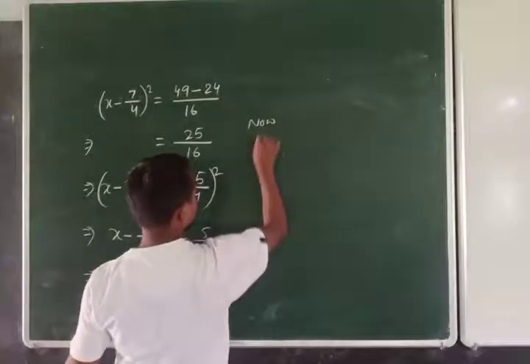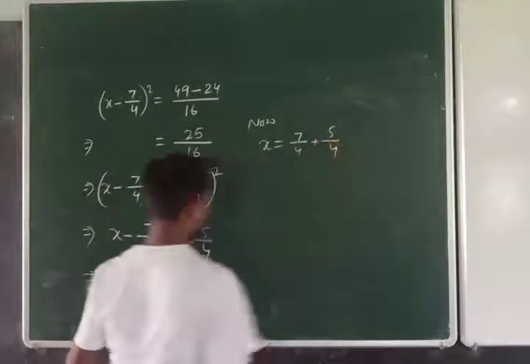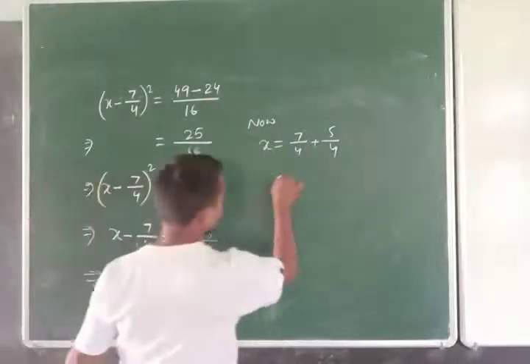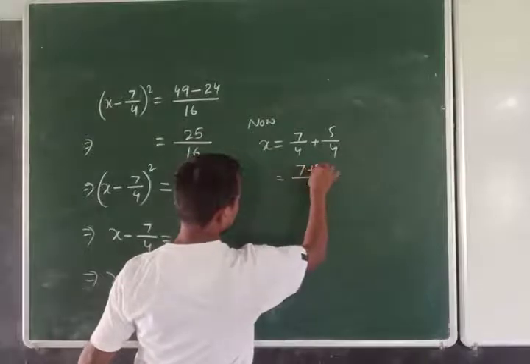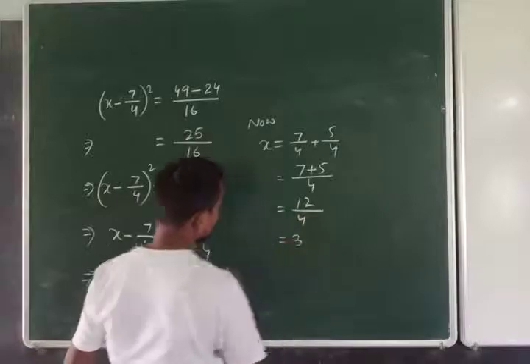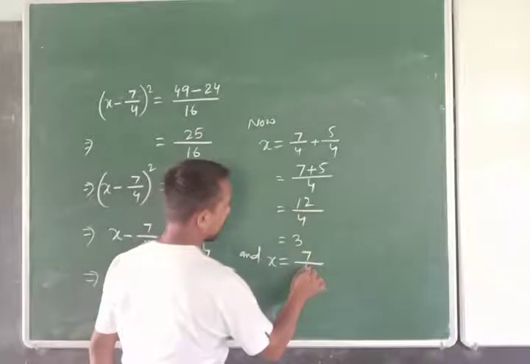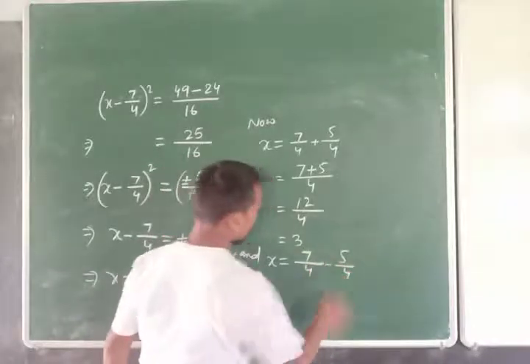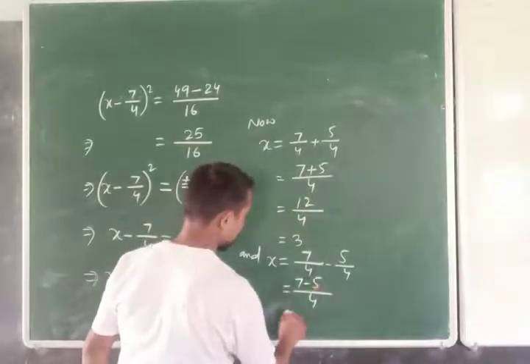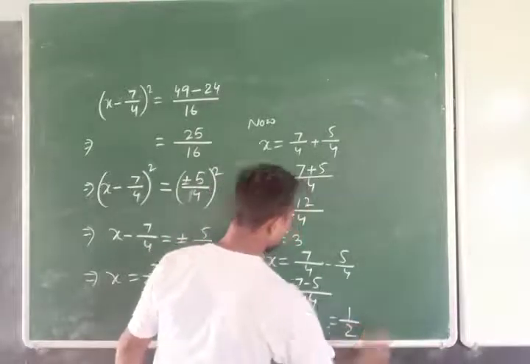Now x equals 7 by 4 plus 5 by 4, one is positive, another is negative. 7 plus 5 is 12 by 4, which equals 3. And x equals 7 by 4 minus 5 by 4, or 7 minus 5, that is 2 by 4, which is equal to 1 by 2.